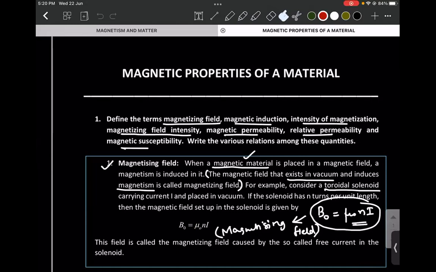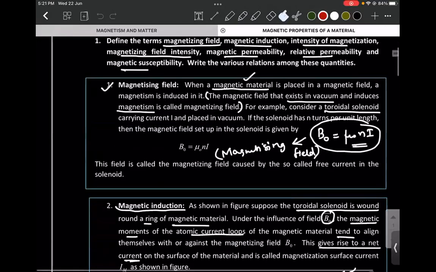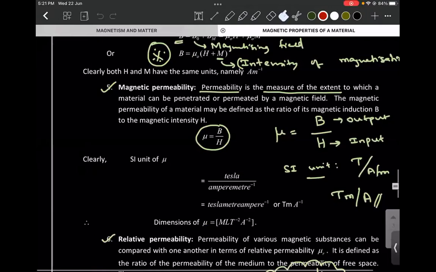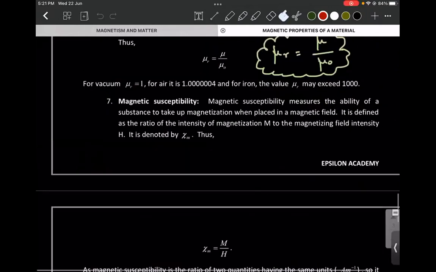What were the concepts that we discussed yesterday? One is magnetizing field. Second is magnetic induction. Third is magnetizing field intensity. Fourth is intensity of magnetization. Fifth is magnetic permeability. Sixth is relative permeability. And I think that was the last concept with which we stopped. Right?